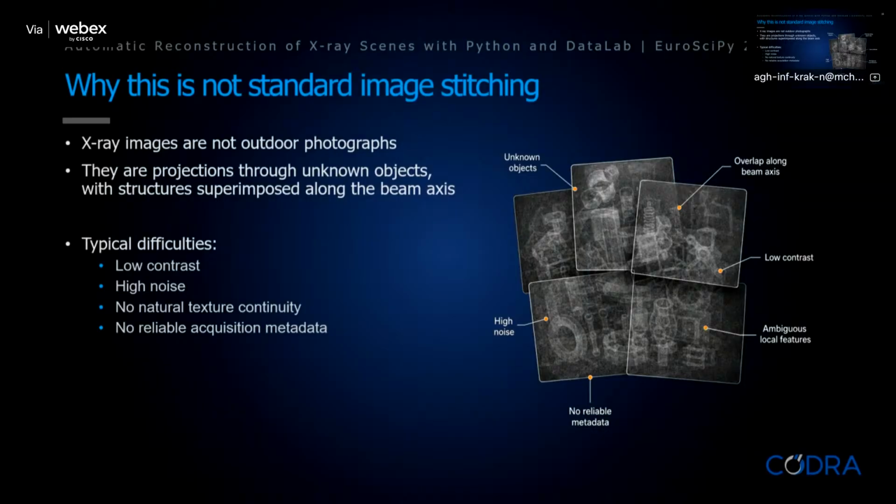And there are also difficulties, like the fact that radiographies generally have low contrast, high noise, so no natural textural continuity, and no reliable acquisition metadata, because the whole experimental setup is outdoors in the field, so you can't rely on acquisition metadata to reconstruct the full field image.